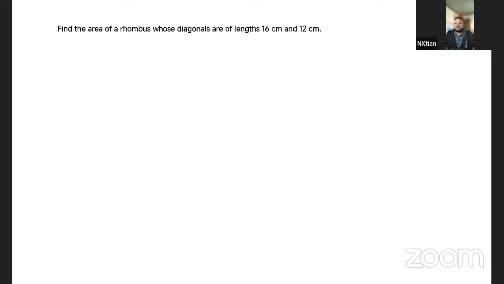The rhombus area is half into D1 into D2. Here two diagonals are given, so you have to use that D1 and D2. D1, D2 are the diagonals.